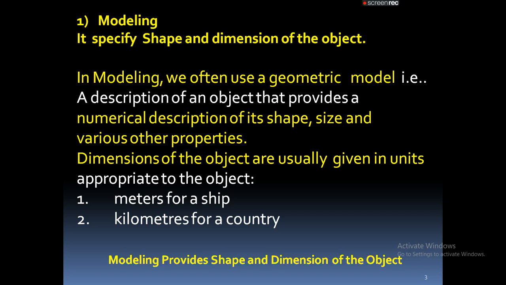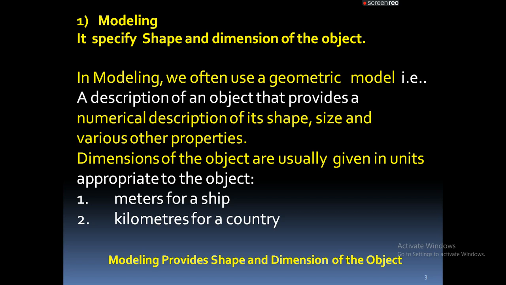Whenever you are providing a mathematical description of the object, every mathematical description has its own units. For example, if you want to specify anything in the real world, every object has to be specified with respect to a unit.